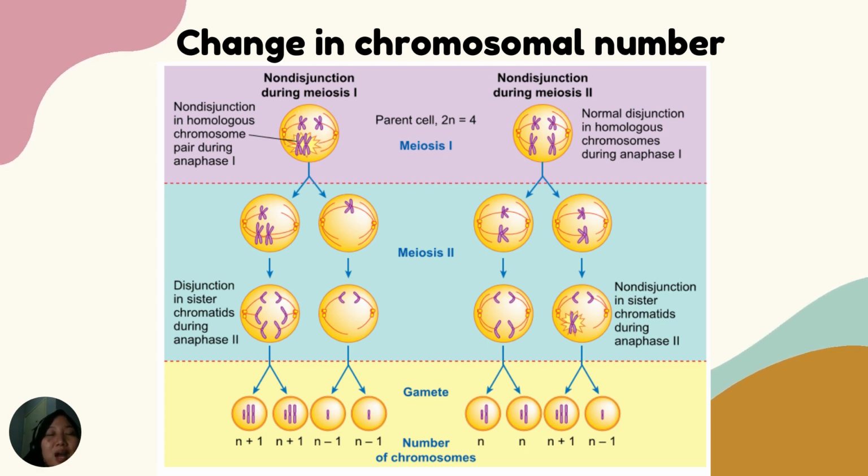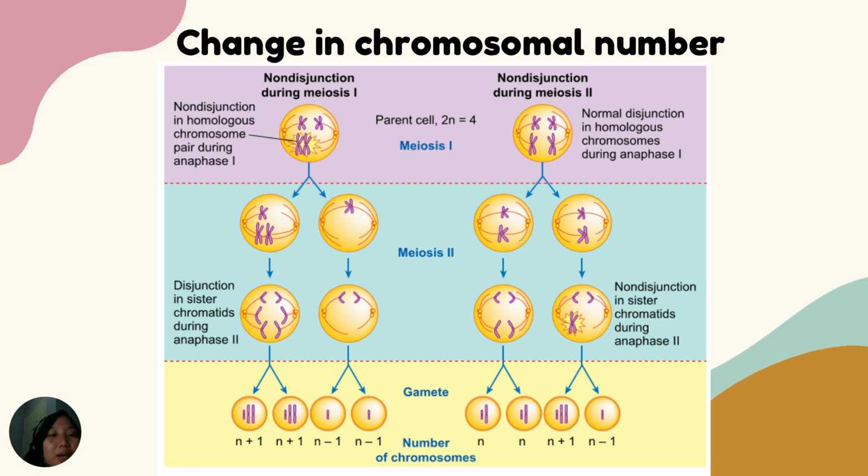Actually, that is a mutation. Bear in mind, disjunction means a separation. It happens during anaphase. So the word non-disjunction means it doesn't separate naturally. That is the meaning of non-disjunction.